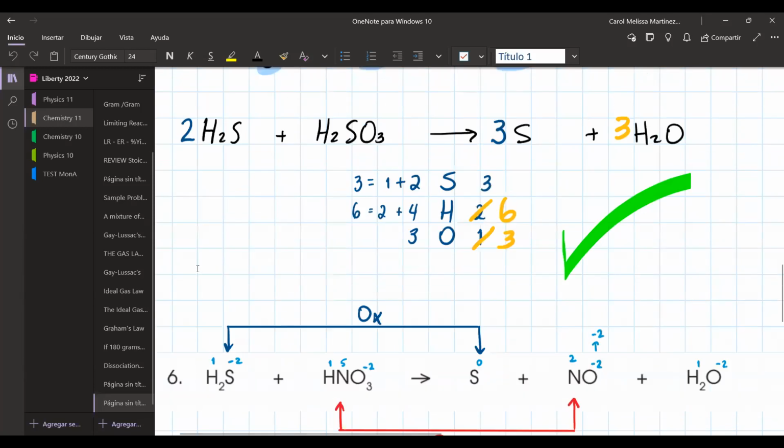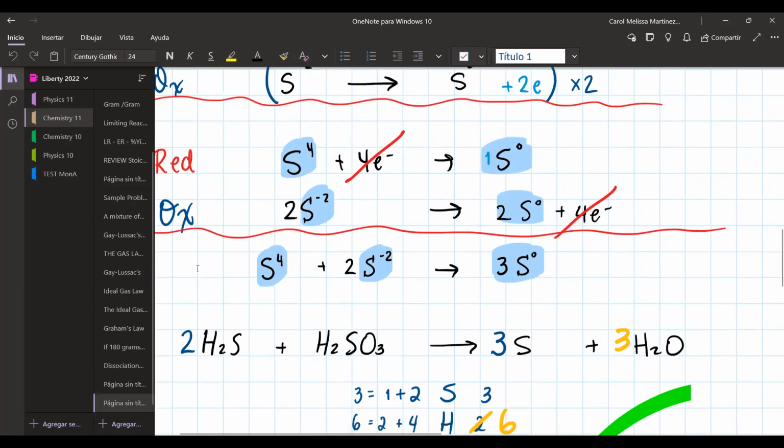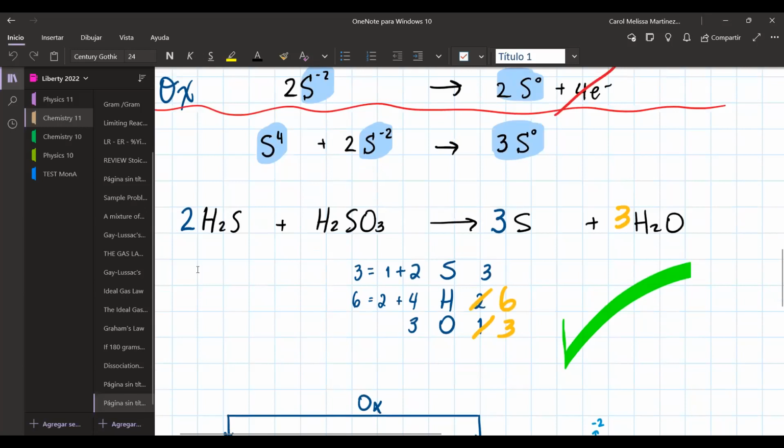I find this with the process of the half reaction, before putting them in the whole equation, for example in that one that you're correcting right now. So we compare, for example, sulfur 4 and sulfur 2, and we focus on the coefficients and on the charges.